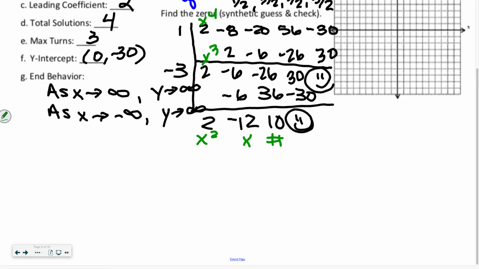So I'm going to write this out as a quadratic, 2x squared minus 12x plus 10, set equal to 0. And what would you probably attempt for solving here? Factoring. What do you notice all 3 terms have? A factor of 2, so I'm going to take out a GCF.